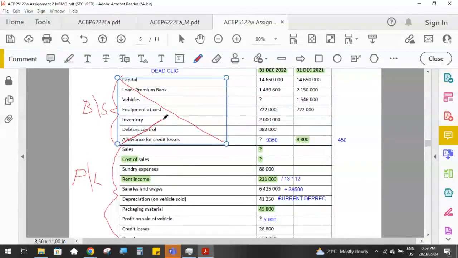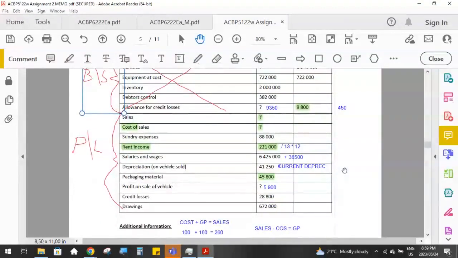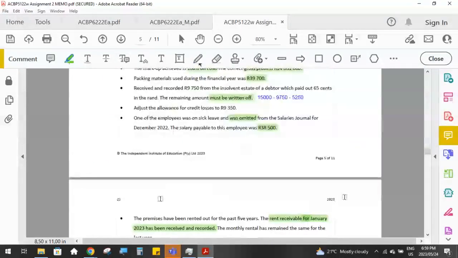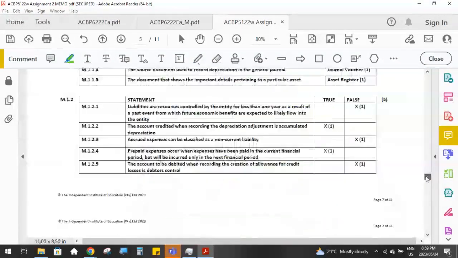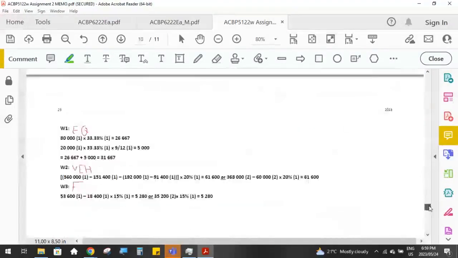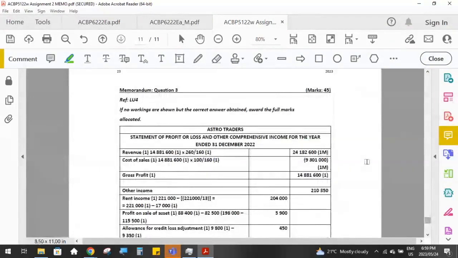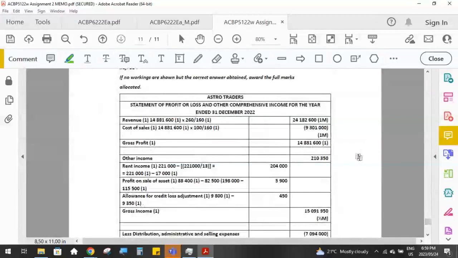That would be statement of financial position. We did not have to do those. We only wanted this section here. Okay. So let's go and have a look what our statement of profit or loss should have looked like.